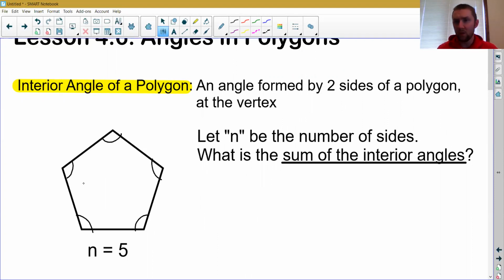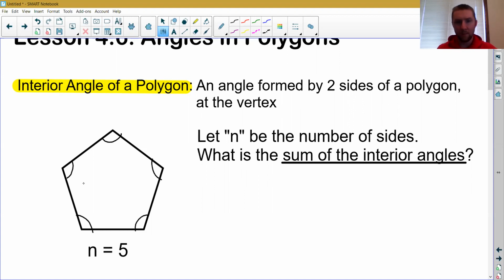What we're going to first concern ourselves with is the sum, meaning the total when we add together all the interior angles of a polygon. There's an interesting rule that we can follow to find the sum total of the interior angles of any polygon, and it's based on the number of sides.